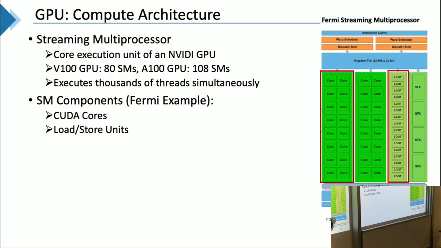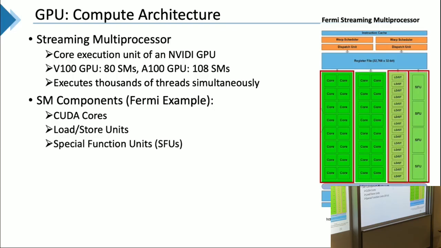You need to load data from memory, and the load store units are in charge of loading data from this memory and feeding the loaded data to different CUDA cores. So this is the second part: the load store units. And the third part is the special function unit, which is shown here.